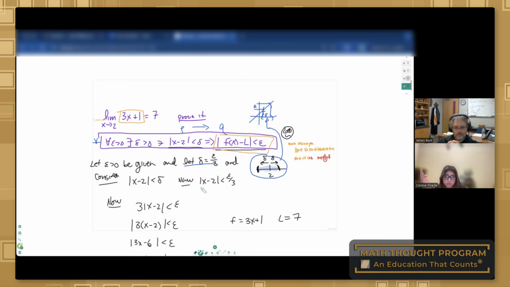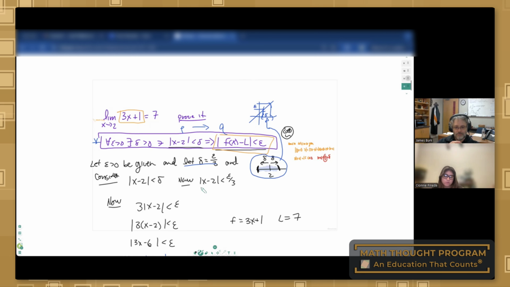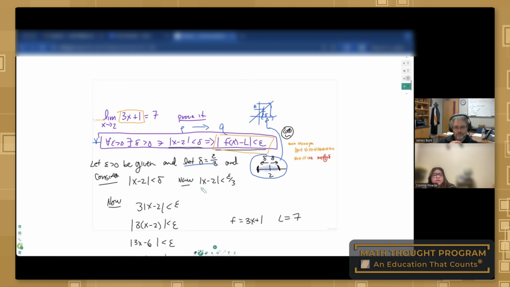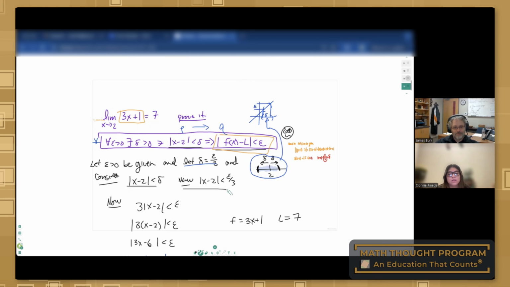And then also saying let delta be epsilon over 3. And then considering that part of the statement, x minus 2 less than delta, and also including what the delta I've assigned is, which is this part.